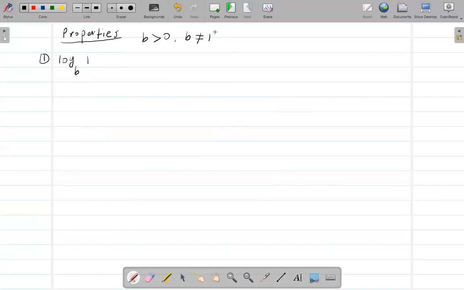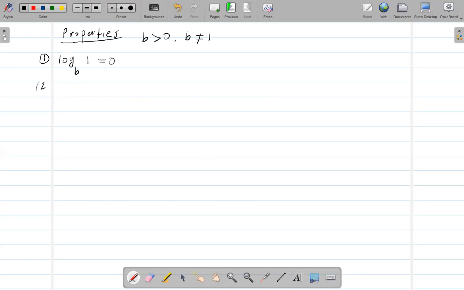If it is a log function, it has to satisfy this condition. So for any base, as long as the base satisfies this condition, log base b of 1 is always 0.